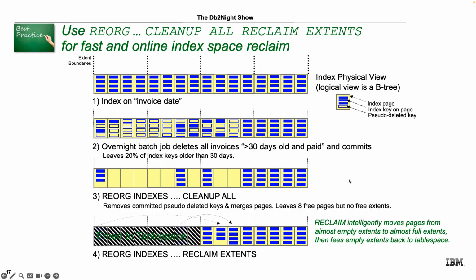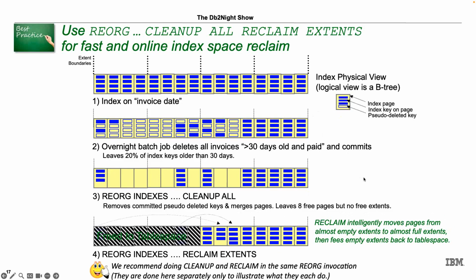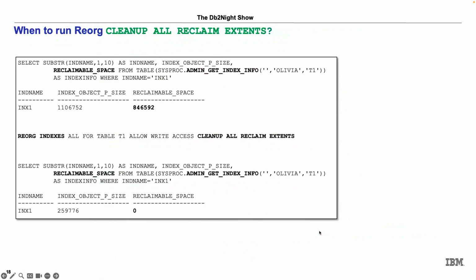So the tip here is to run both options in one reorg command together for best results. It's faster and it's online. All right, so next is a query to show you when to run reorg cleanup or reclaim extents.